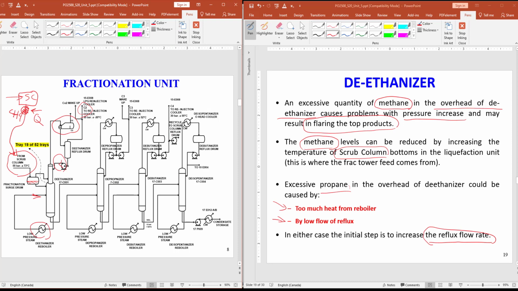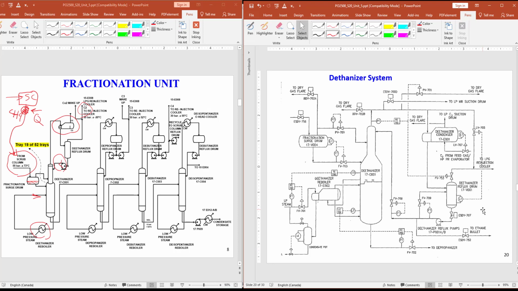Then this is an overall picture. The de-ethanizer unit is this part here, this part that has been magnified. You see there are some other accessory units, like equipment and controllers, that for now we don't need to know.